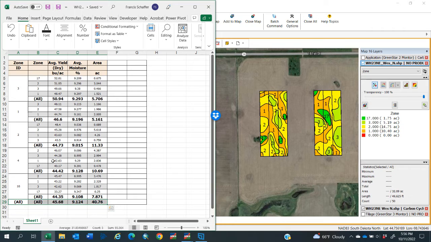Now we come down compared to zone 4 because that's on either side of zone 3. Zone 17 is 40.2. Carbon cycle area 3, soil type 2 is 52 bushels, where there's the carbon cycle in here. And 4, zone 2, is 46.1.